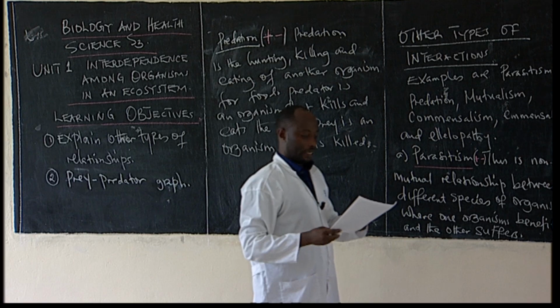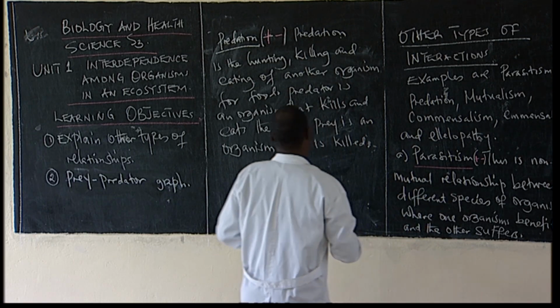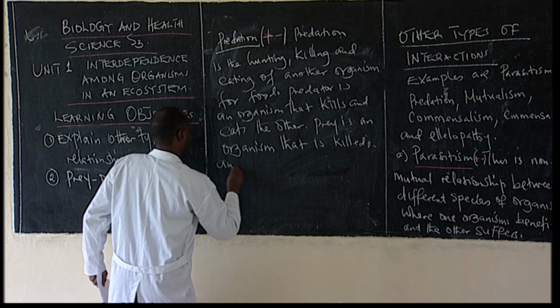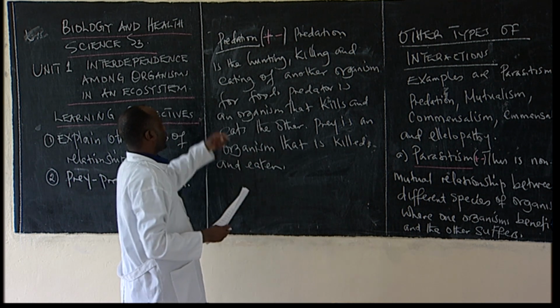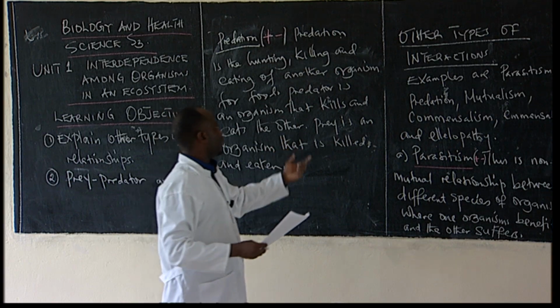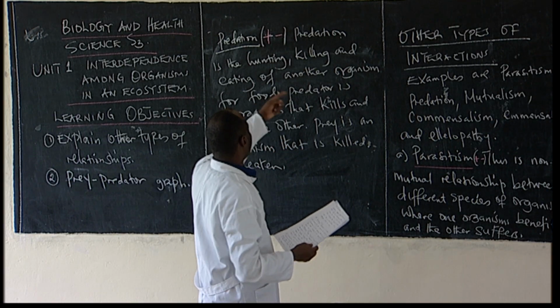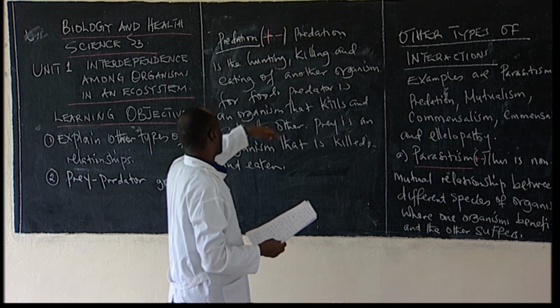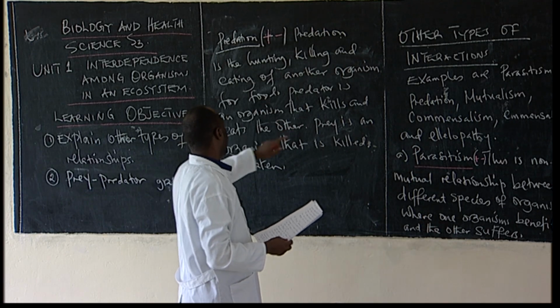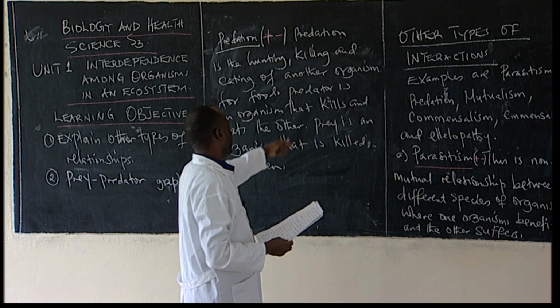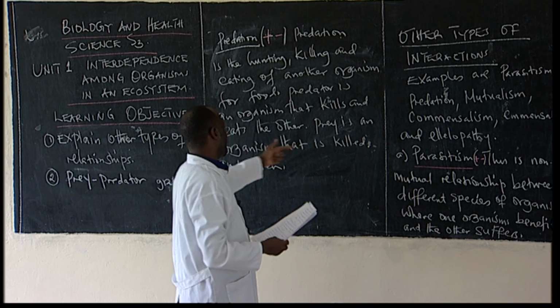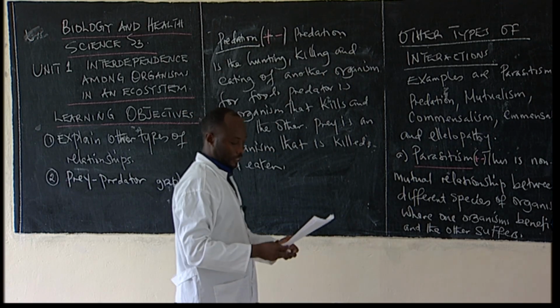So predation is a relationship that involves hunting, killing and eating another organism for food. A predator is an organism that kills and eats another. A prey is an organism that is killed and eaten by a predator.